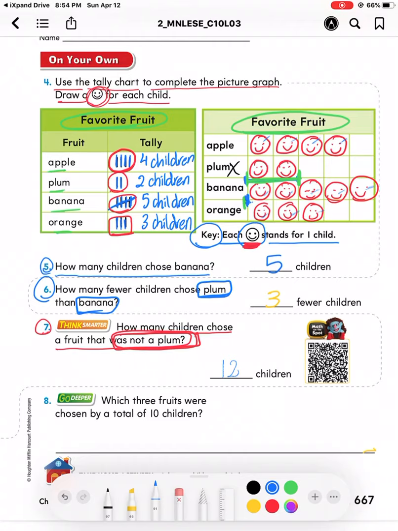I know this question is not an easy one. It's a challenging question because it goes deeper. So it will need a lot of analysis, not just to be able to read the picture graph. You need to analyze all the data and try to figure out which 3 fruits were chosen by a total of 10 children.